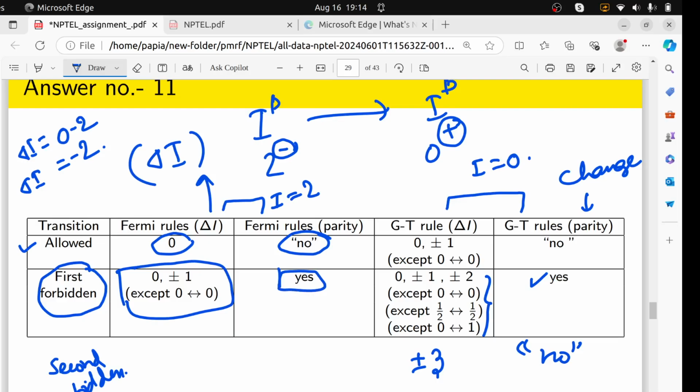Here also, if allowed in Gamow-Teller rule, that means this whole should be satisfied simultaneously. For first forbidden in Gamow-Teller rule, this should be satisfied simultaneously, this should be satisfied, like that.